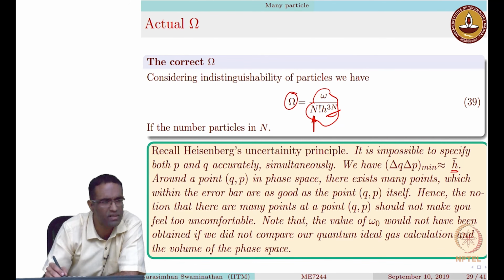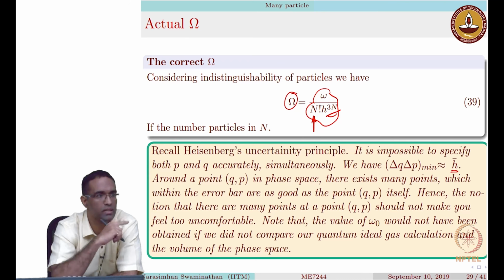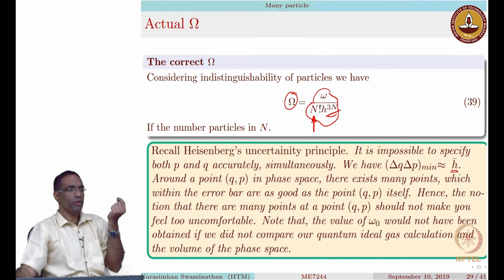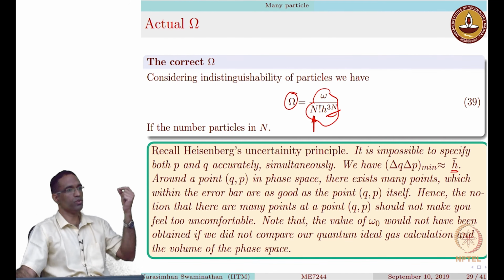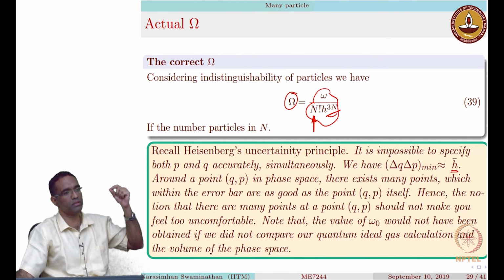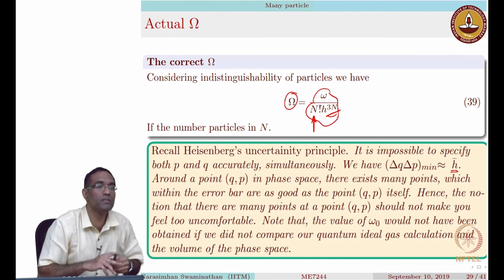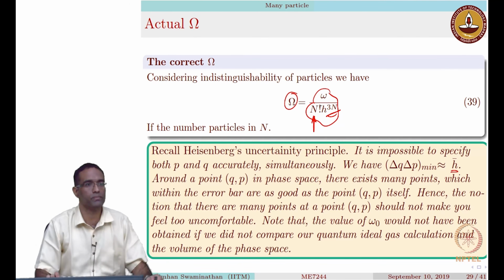We did this also for the classical, for the quantum system. So around point pq in phase space, you have to assume that there are many points which can be treated as the same pq, simply because there is an uncertainty in specifying this p and q.